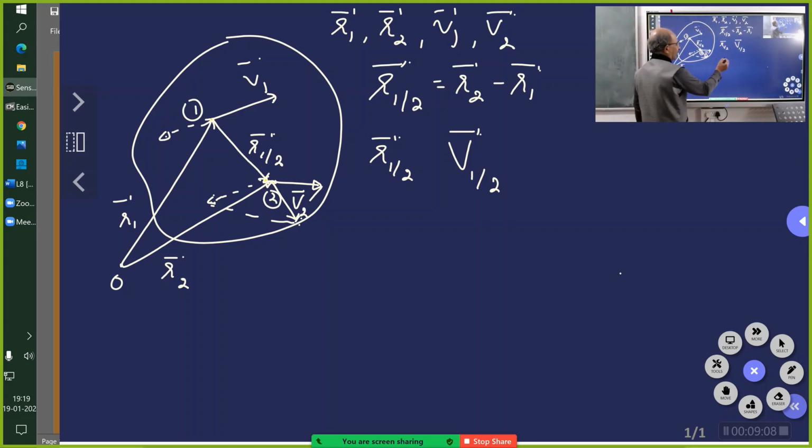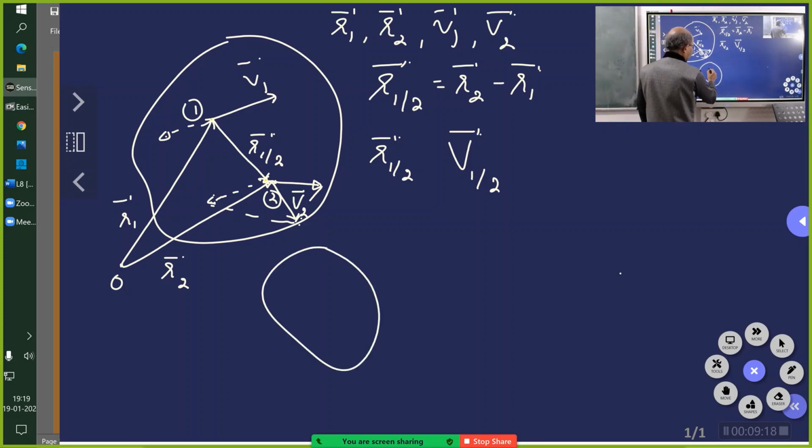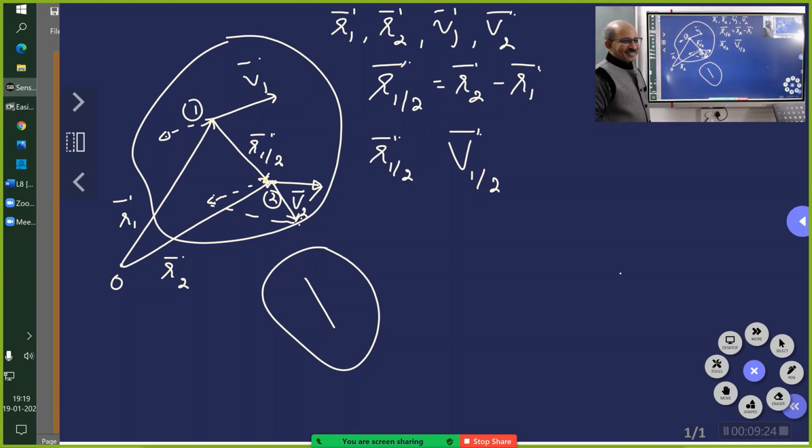This is velocity of 1 with respect to 2. This is a radius vector, a vector from 1 to 2. You have got a line and you have got a velocity vector. Two particles are rotating. See, this line is rotating.